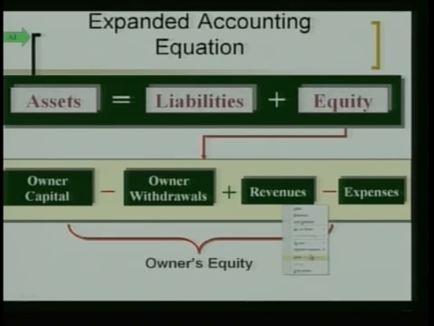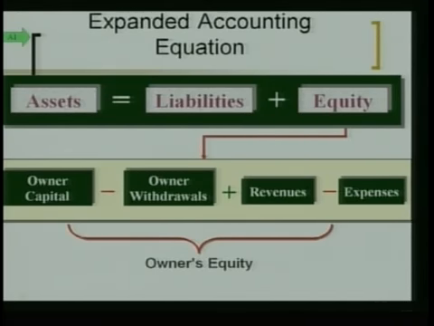So let me get my pointer going here. So as these things increase, equity actually decreases because they're subtracted. Does that make sense? As withdrawals increase, owner's equity decreases because it's subtracted. As expenses increase, owner's equity decreases because expenses are subtracted.